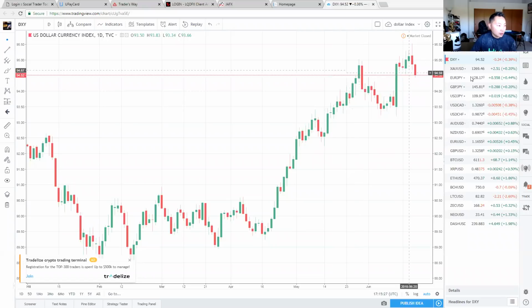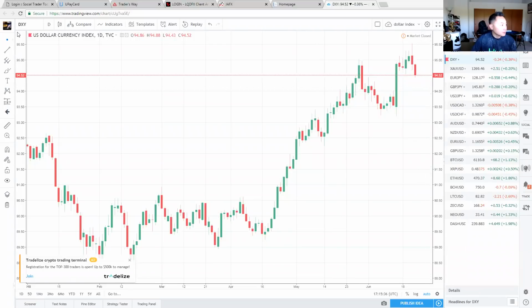am going to, whoops, it's the right one. Yeah. So this is US dollar in the daily chart. We know that it hit pretty high, 95.54. It's on TradingView, and you can see that it went right back down to 94.52.